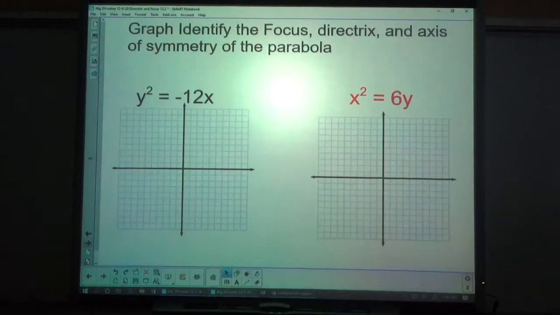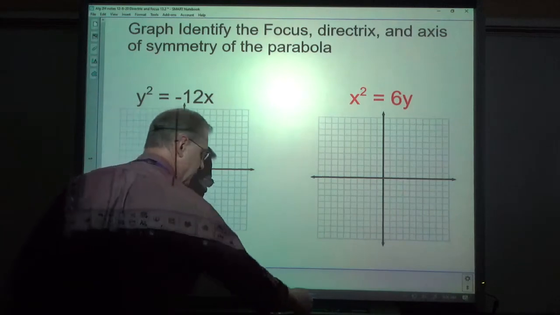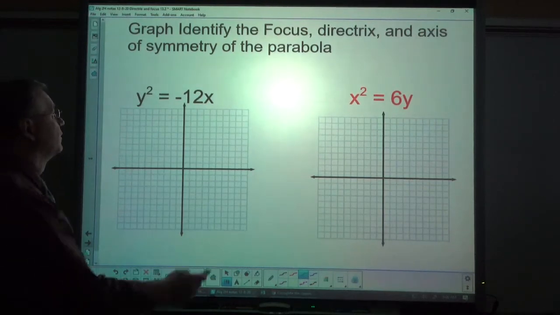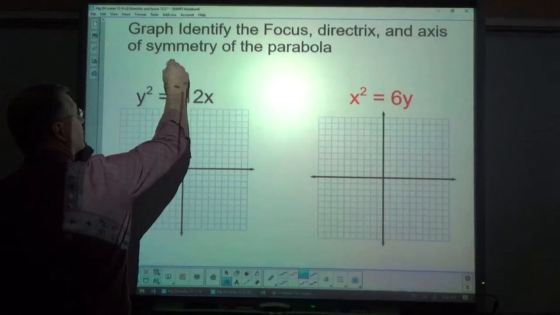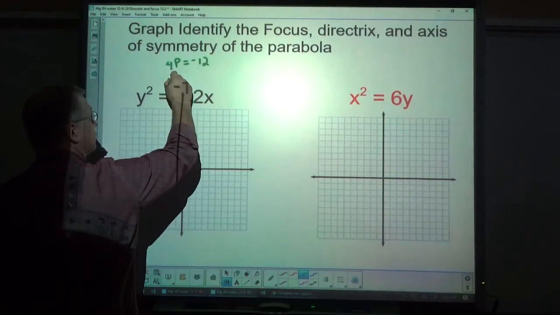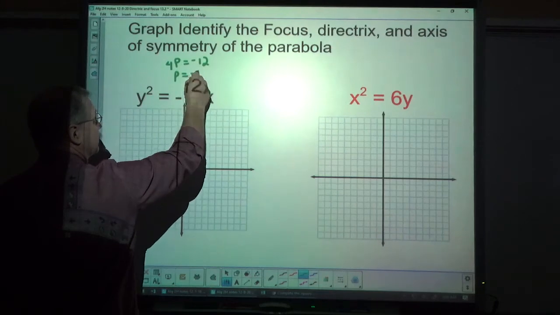All right. Graphing. Identify the focus and directrix and the axis of symmetry of the parabola. All right, so first I'm going to plot those things that we talked about, directrix and focus. We know that 4p has to equal negative 12, so p, I'm going to divide by 4, negative 3.